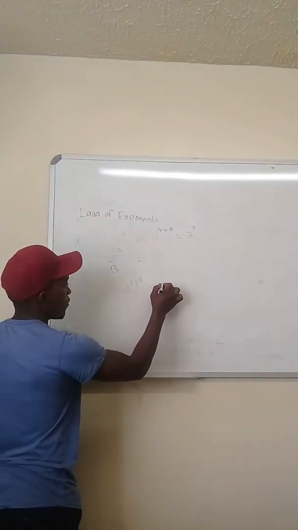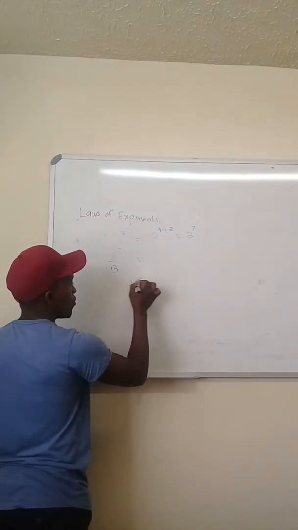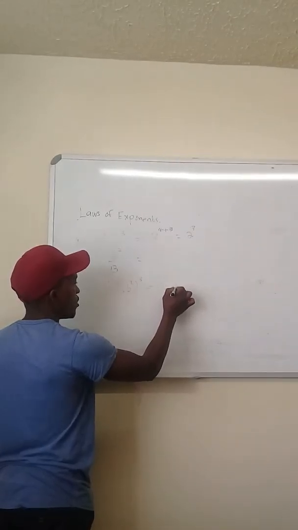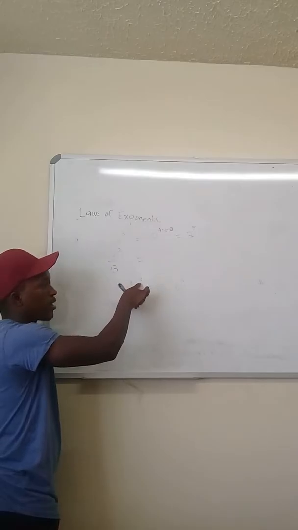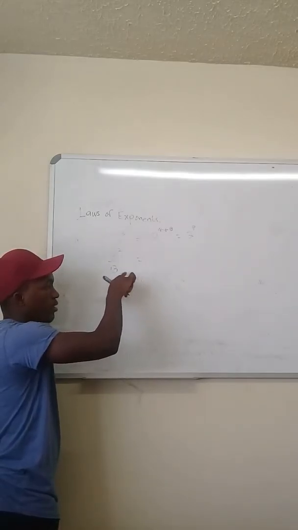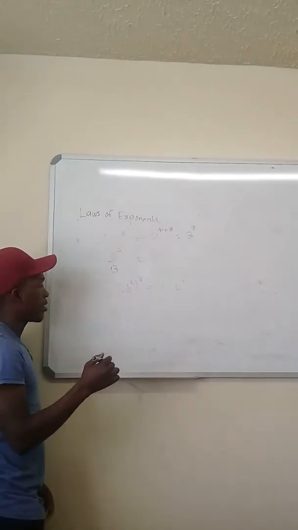Then we are going to have a to the power 3 times 2, which is 6, multiplied by b to the power 6. The exponent outside the bracket multiplies the exponents of the two variables inside the bracket.